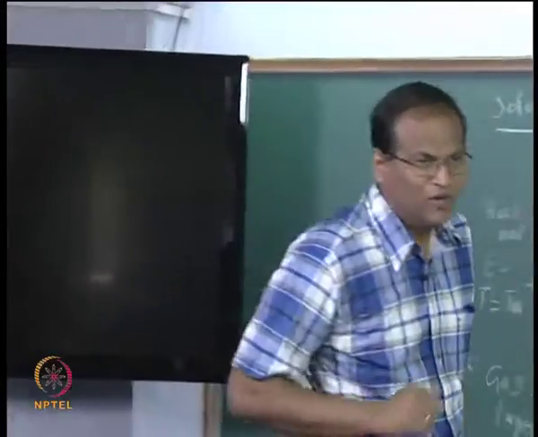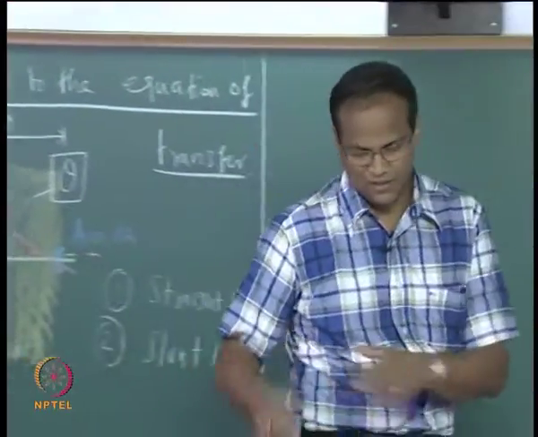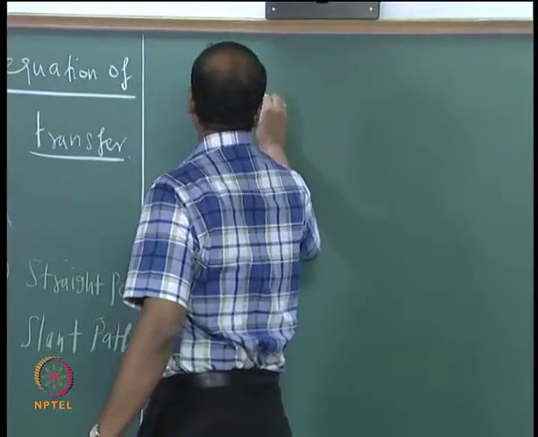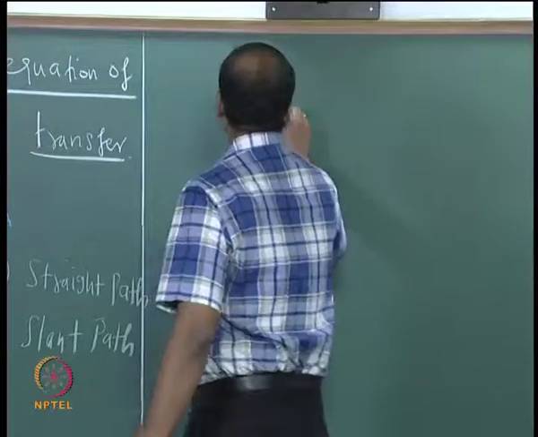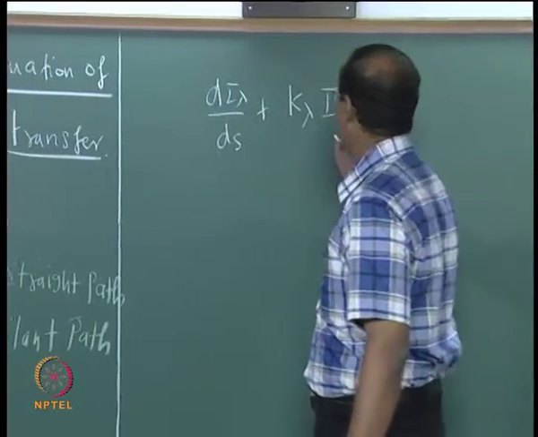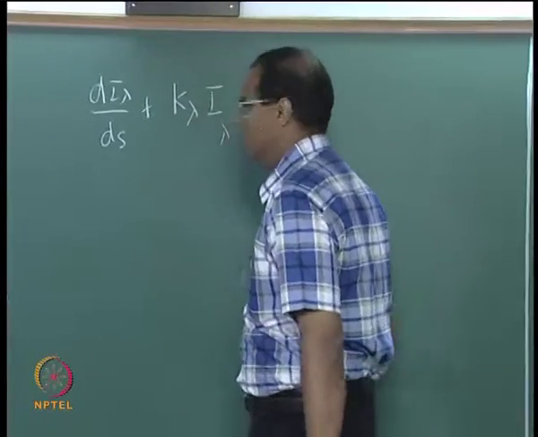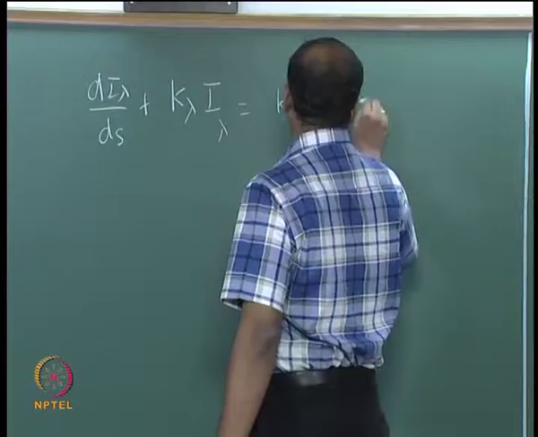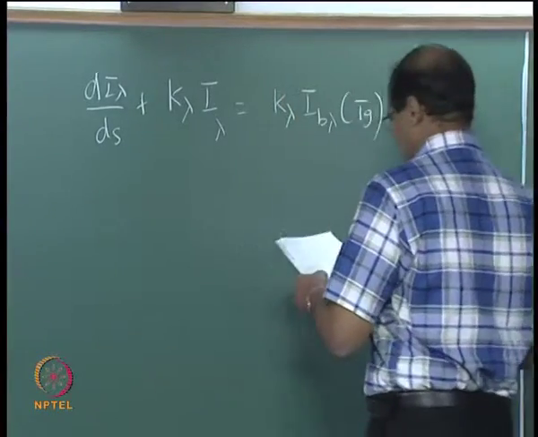So we have to write down the equation, which is already known to us: dI lambda by ds plus kappa lambda I lambda equal to kappa lambda I b lambda of Tg, did you write like this? Correct.